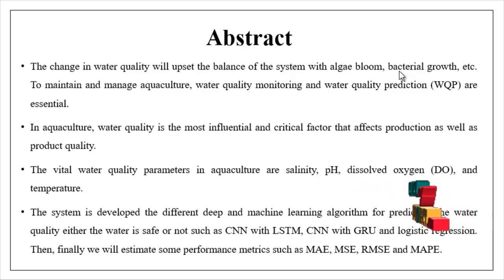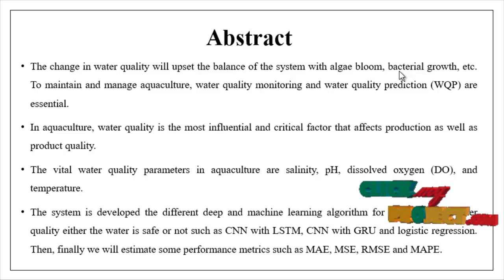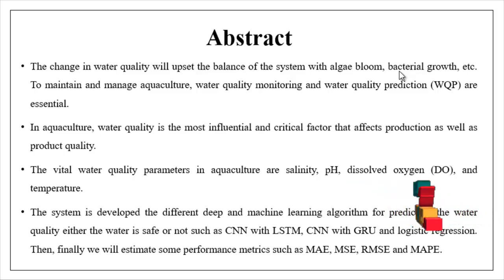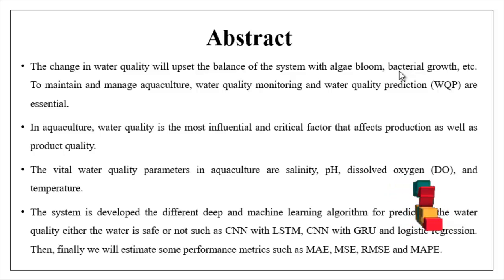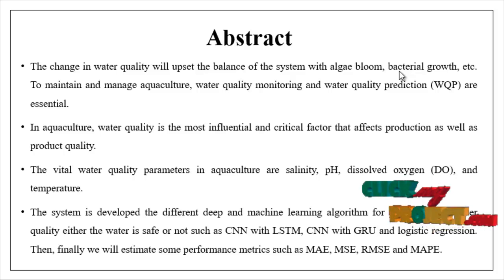In aquaculture, water quality is the most important and critical factor that affects production as well as product quality. The vital water quality parameters are salinity, pH, dissolved oxygen, and temperature.